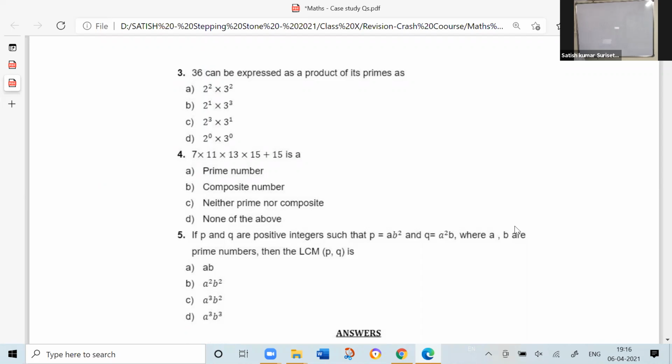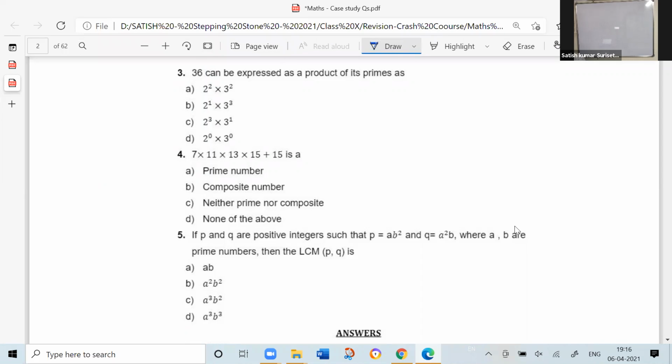Correct. So which option? A. So 36, 9 into 4, which is same as 3 square into 2 square.